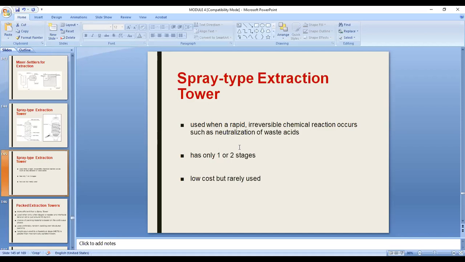As much as possible, we select a solvent that is unreactive to the feed or to any components of the feed. It should only separate or take out the solute physically from the feed without having any chemical reaction occurring. That is why it's rarely used, the spray type extraction tower.